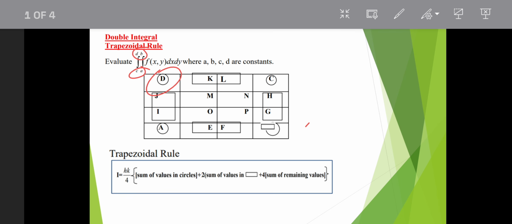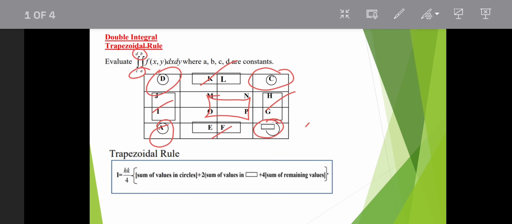Using these weights, the double integral trapezoidal rule is expressed as I equal to hk by 4 times the sum of corner values, plus 2 times the sum of boundary values, plus 4 times the sum of interior values.